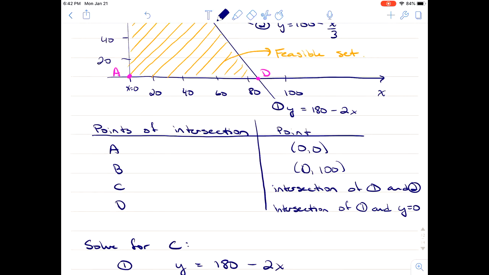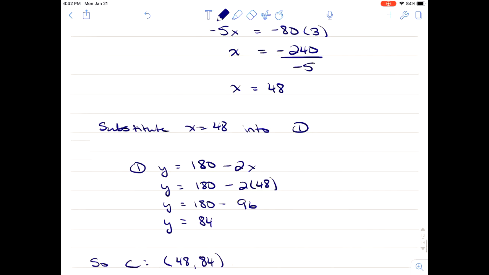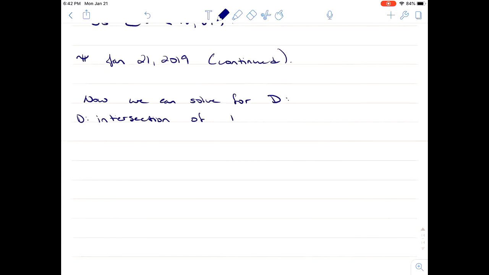I'll flip to that section so I don't have to keep scrolling back and forth. So we have y is 180 minus 2x. That's line 1. And where it intersects y equals 0.